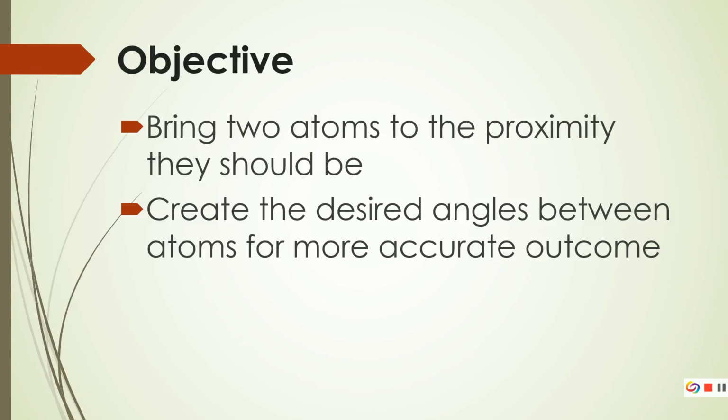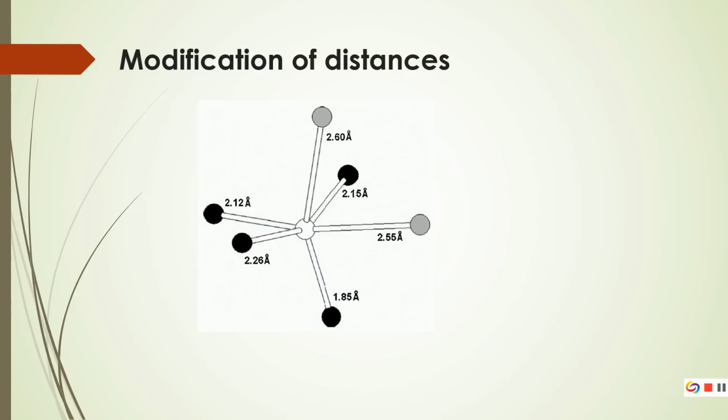Now let's go to modification of distance. You see in this picture, the distances of atoms are not the same, they're different. Are you watching? Okay. For this reason, we need the modification of distance.